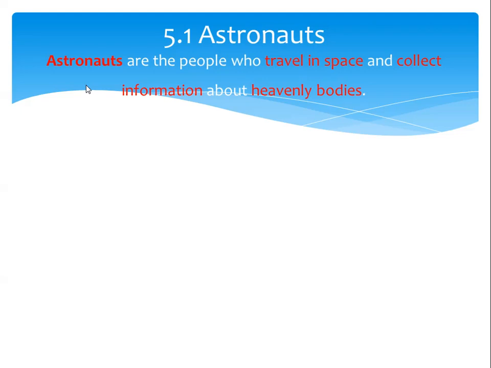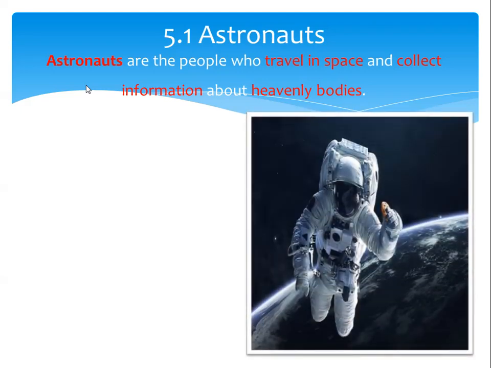Astronauts. Who are astronauts? Astronauts are those people who travel in space and collect information about heavenly bodies, about planets and natural satellites. You can see in this picture an astronaut in the space region beyond Earth's atmosphere.